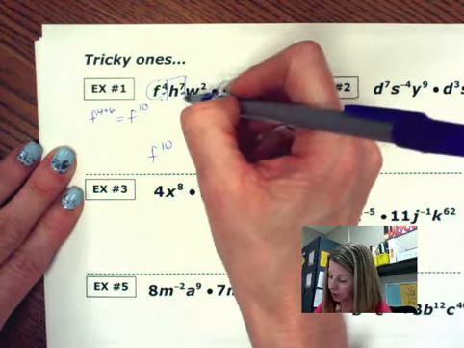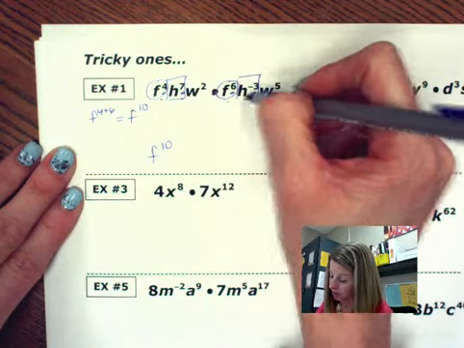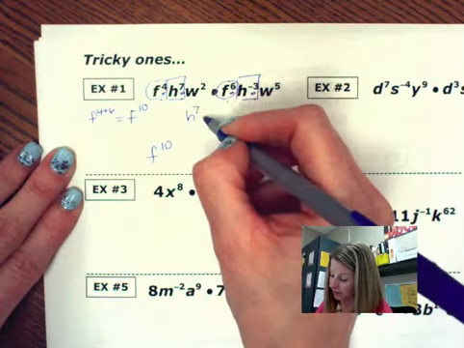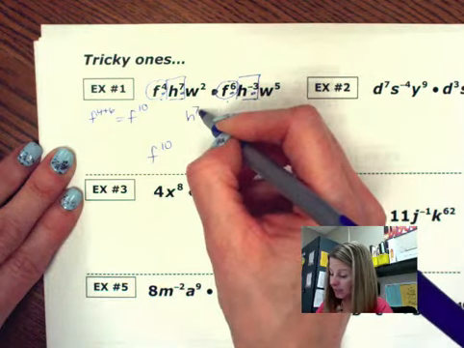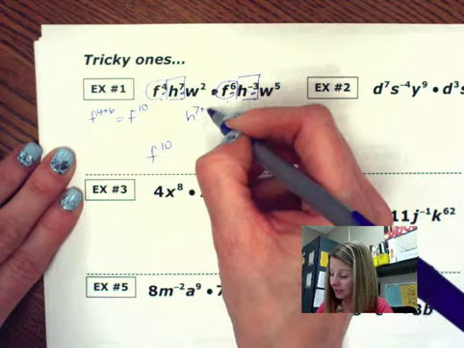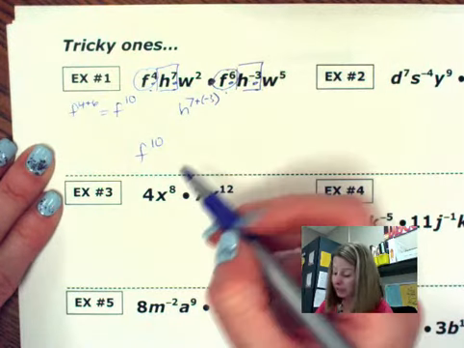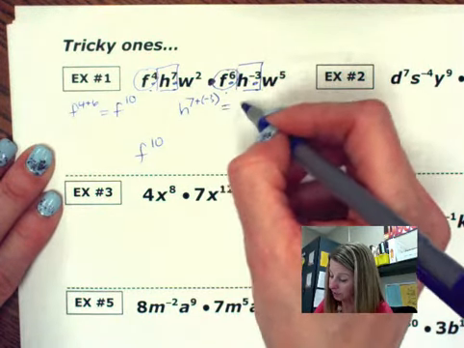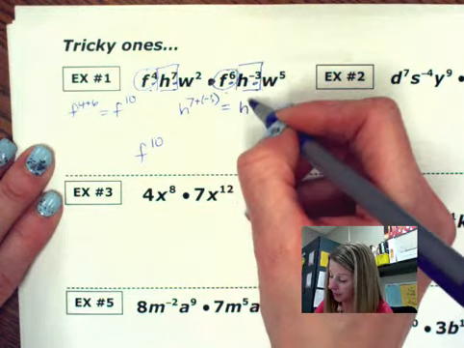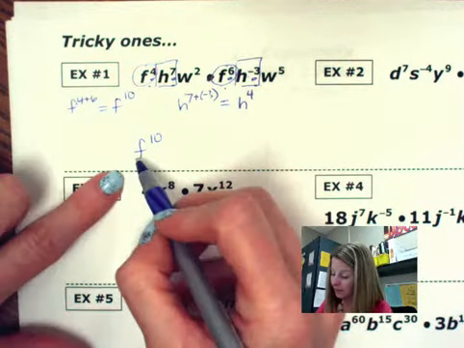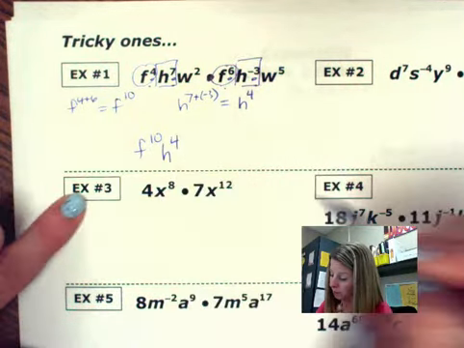I see an h and an h. So h to the 7th times h to the negative 3rd is h to the 7 plus negative 3. Well, what is 7 plus negative 3? 7 plus negative 3 is equal to 4. So that's really h to the 4th. So I have f to the 10th times h to the 4th.